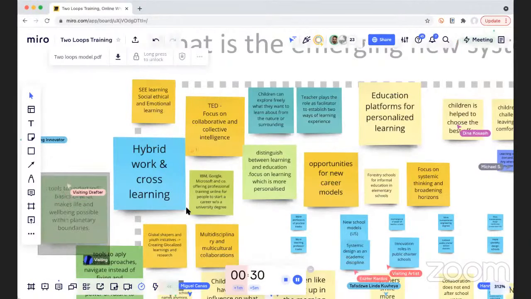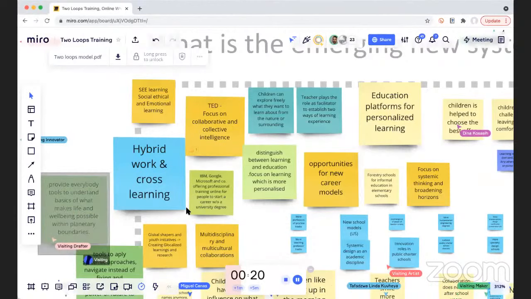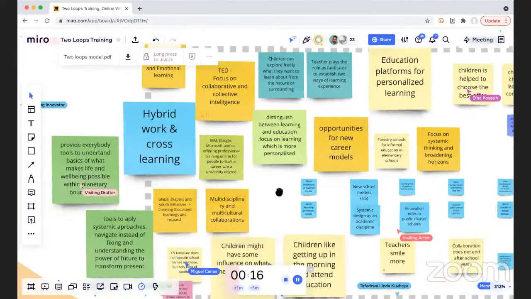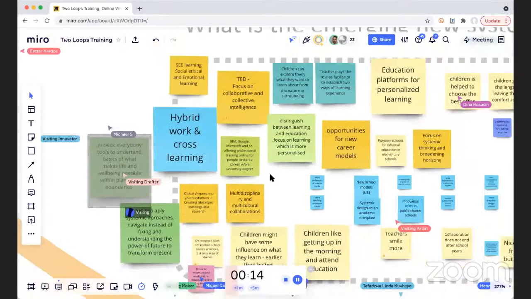I thought that was very interesting: bridging different disciplines and thinking about what role universities and these institutions have in our society now, and what role they need to have in the future.